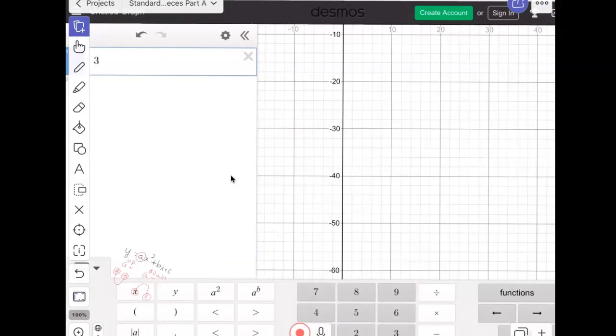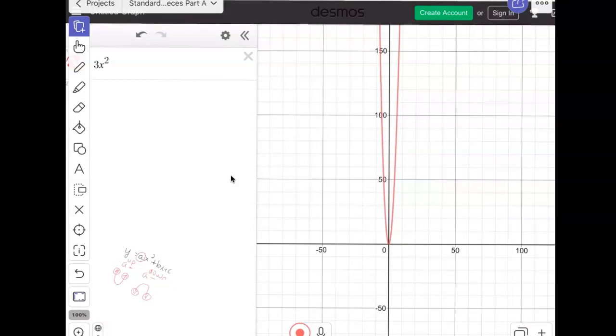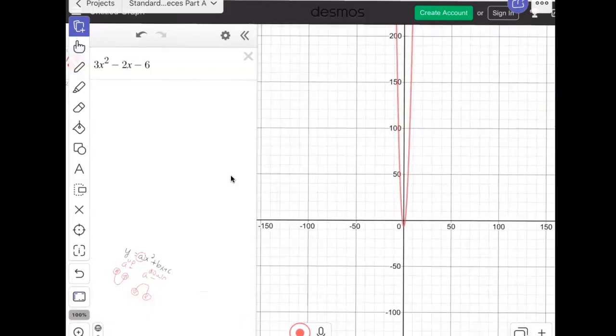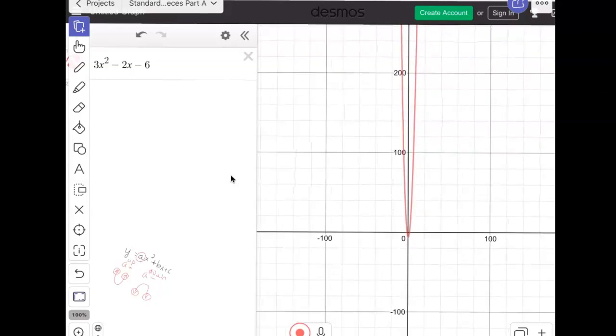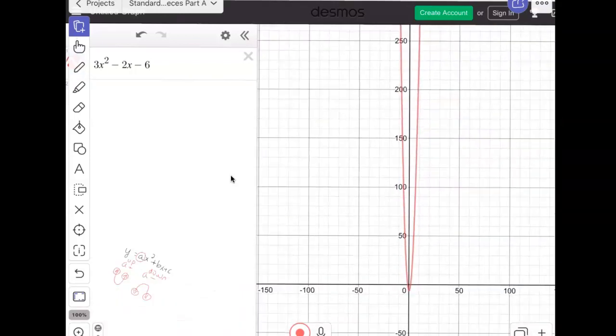I'll make one up: 3x squared minus 2x minus 6. I don't really care about the middle parts, but if you look, the a value is 3, and because it's positive 3, the graph opens up.